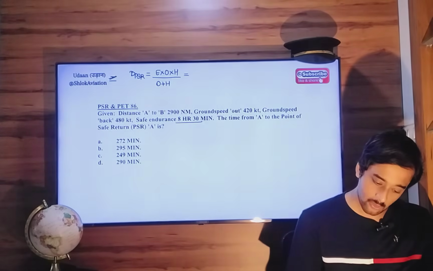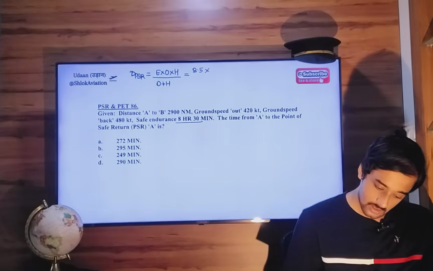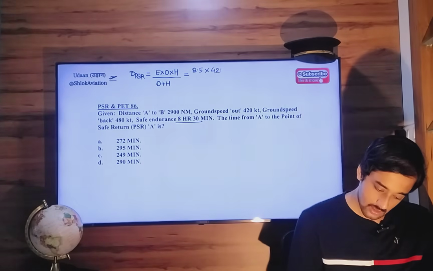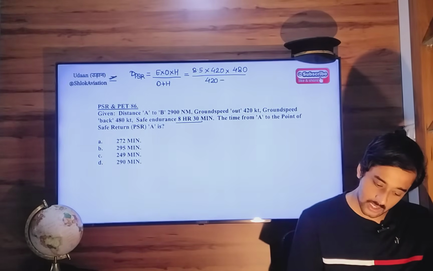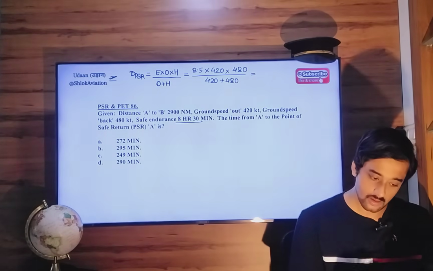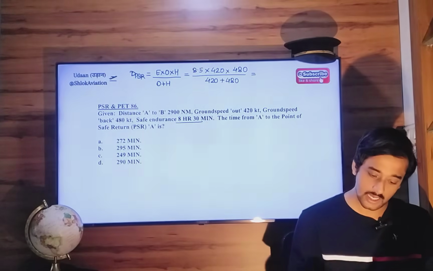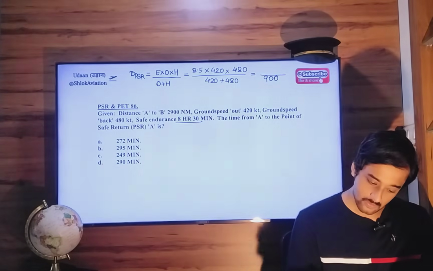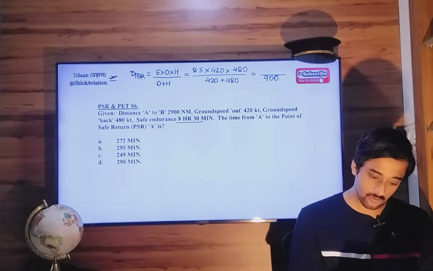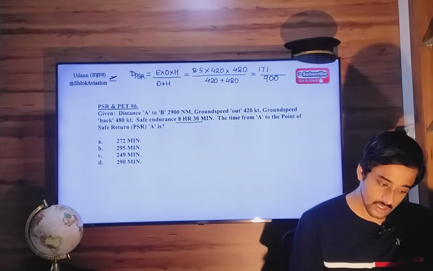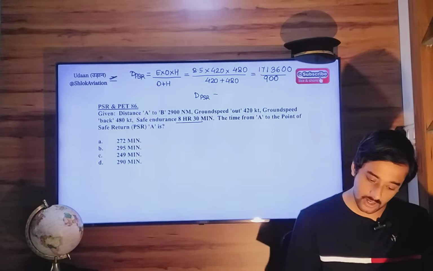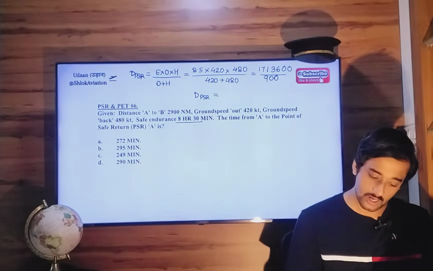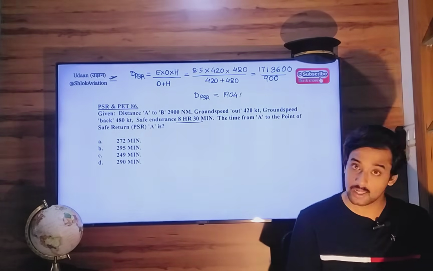What is endurance? 8.5, 420, 480, 420 plus 480, that is 900. 8.5 into 420 into 480, 1713600. The distance to point of safe return will be 1904 nautical miles.